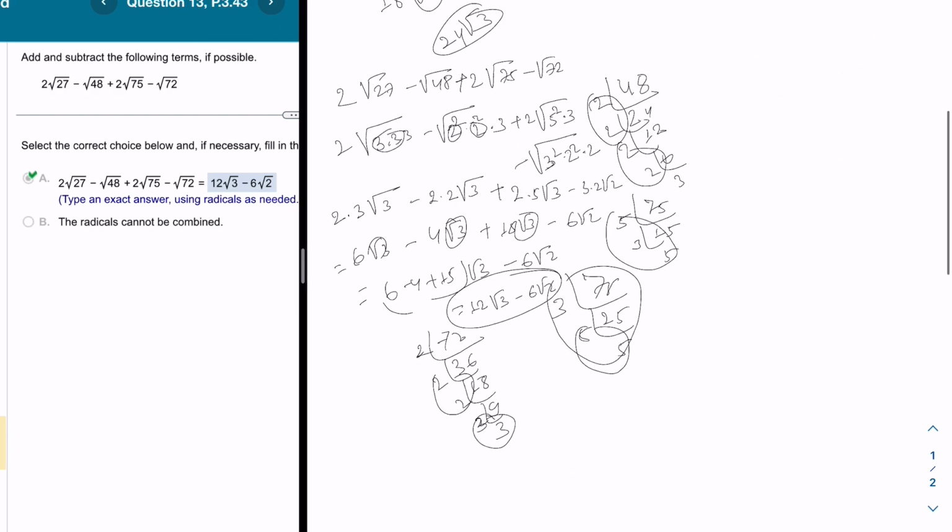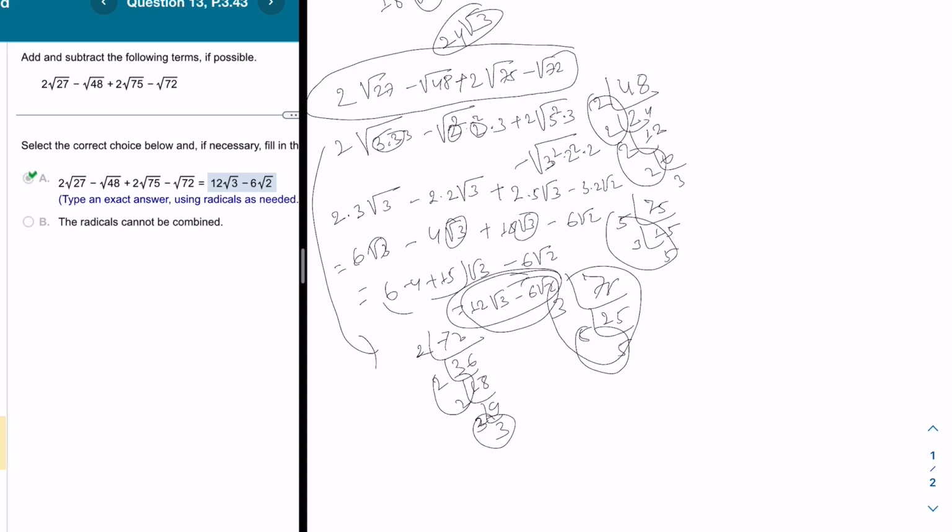So why did I go through all these steps? Because sometimes there is a multiple choice question. If there is a multiple choice question, just type this in your calculator and it will directly show you this result, or maybe it can show you the decimal points, but that's okay.